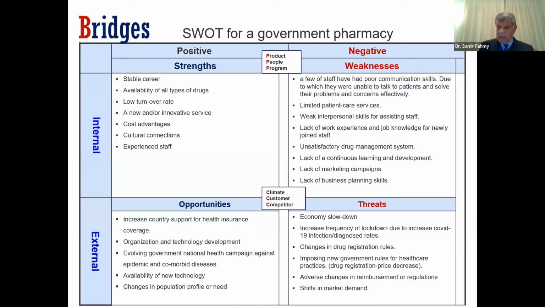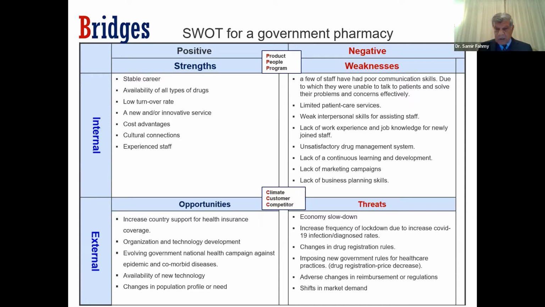The typical example is COVID-19. Availability of new technology, e-commerce, for instance, which is now much growing, and changes in population profile or need.